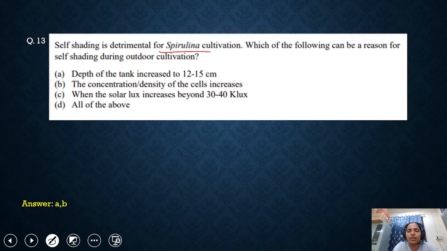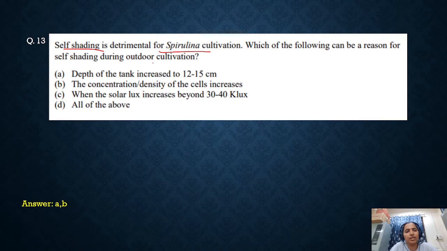For this, different shapes and sizes of fermenters are used, and both indoor and outdoor cultivation occurs. So you must know what the reasons are for self-shading, and self-shading is not good for its production because it degrades it.